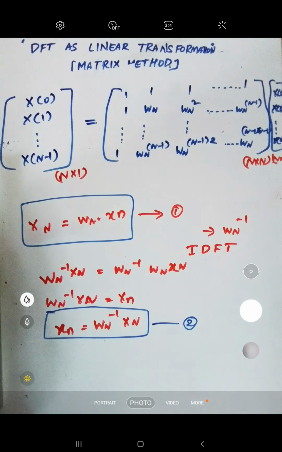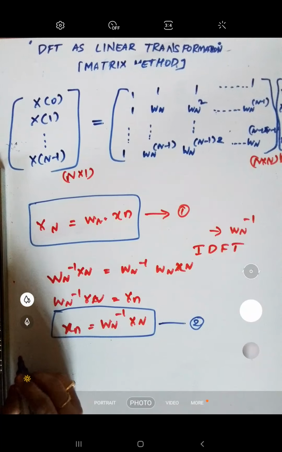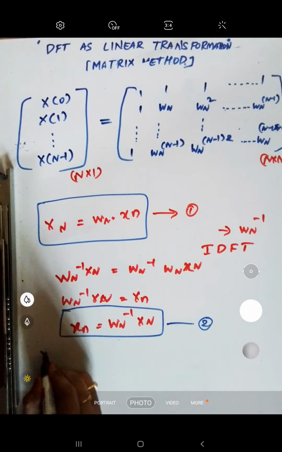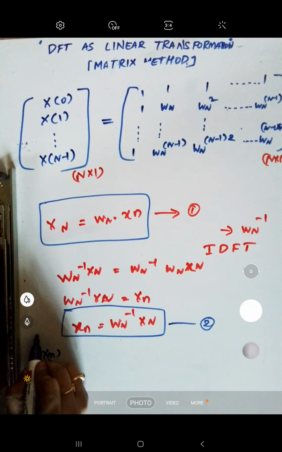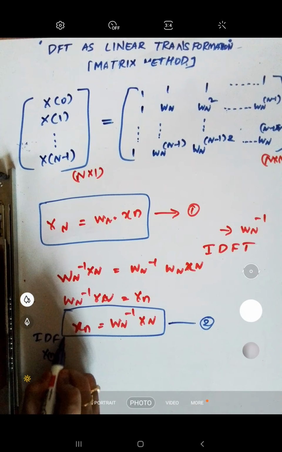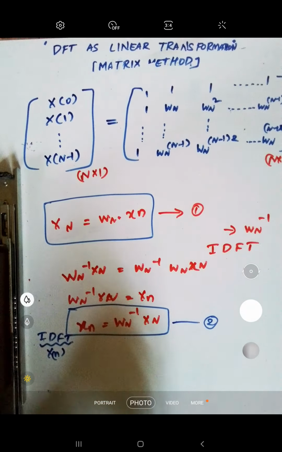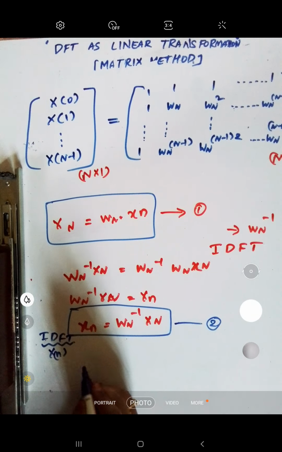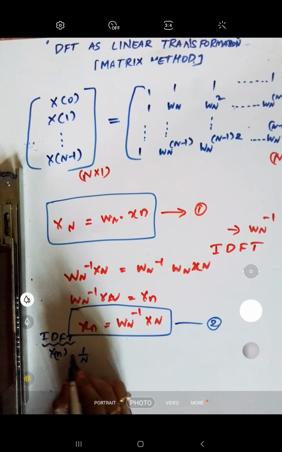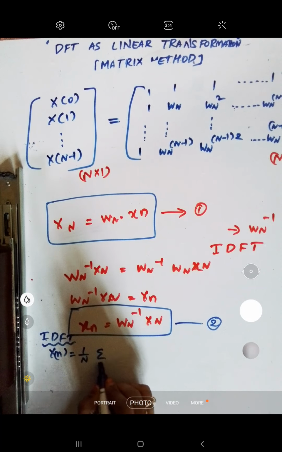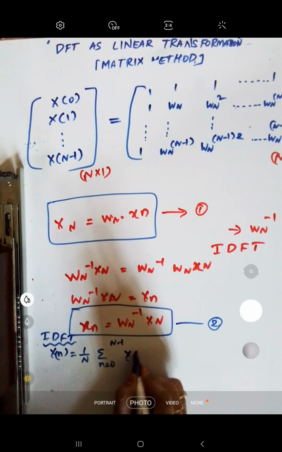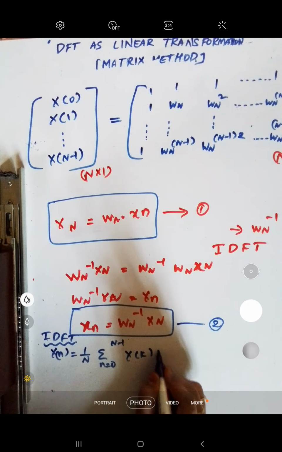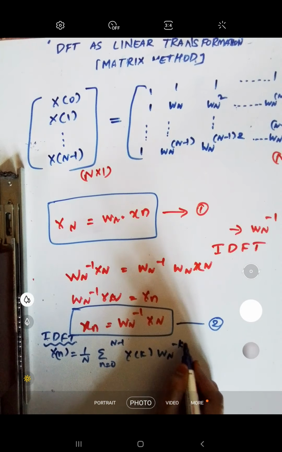We know that the inverse discrete Fourier transform is given as x of n equal to 1 by N, summation of k equal to 0 to N minus 1, X of k W_N to the power of minus kn.